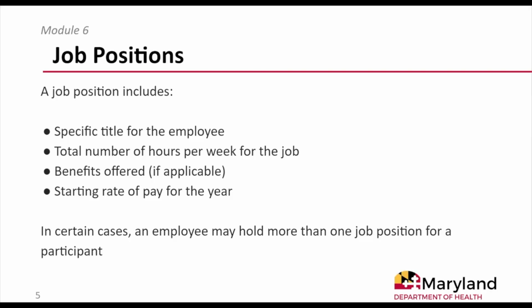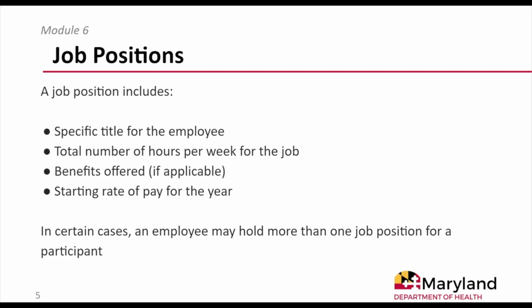provide. Job positions include the specific title the employee will hold. The title should be related to the Medicaid waiver service the employee will provide. For example, a job position for an employee providing personal support services may be a personal support assistant or a personal support direct support professional.